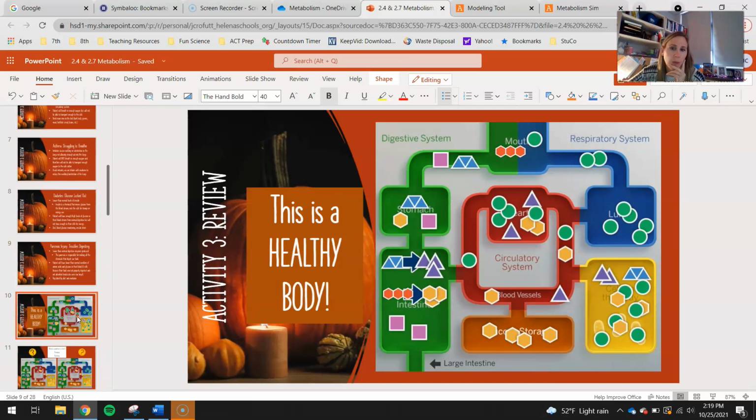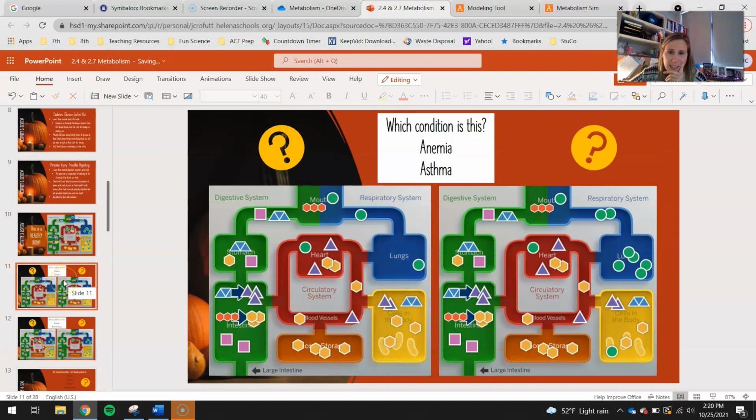All right, moving on. So what I did is I took a screenshot of a healthy individual. You guys can kind of compare this to your model from the warm-up and see how close you were to fixing your warm-up model. But I wanted to show you this so you have something to look at for the next two slides. In class, the kids discuss this with their partner, but at home, you're going to use the draw tool to do a little matching with this. Which condition is this?